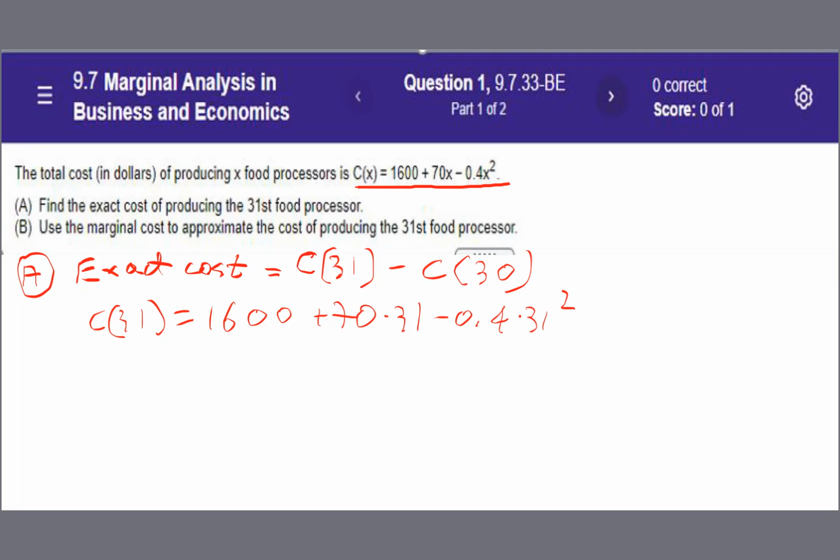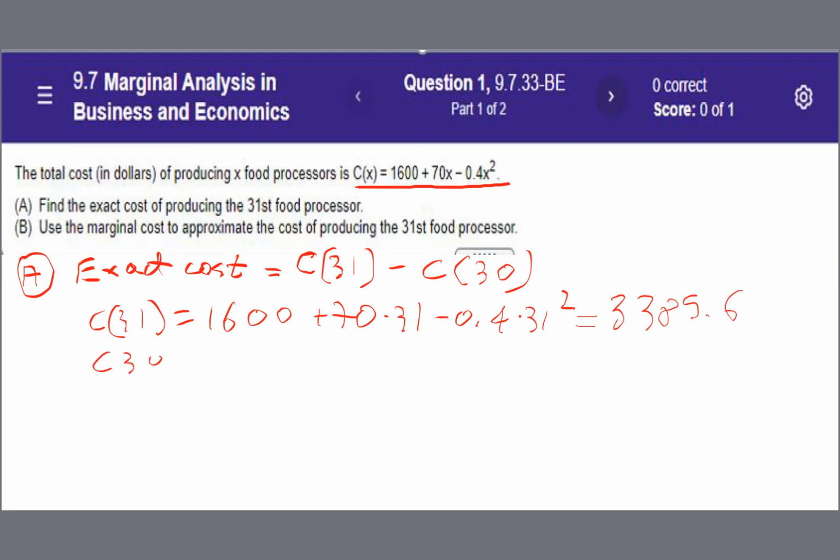What the calculator tells me, simplifying this, is 3,385.6.